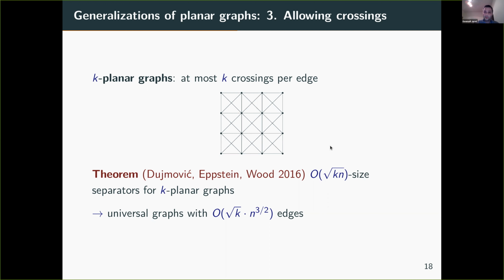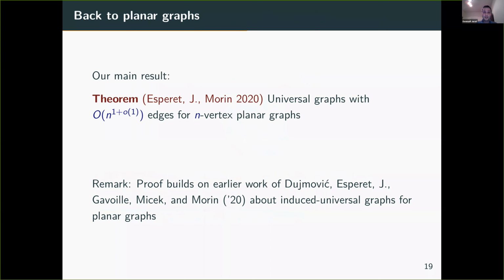So that was known for a long time, but the tight dependence on k was sorted out by Vida Dujmović, David Eppstein, and David Wood in 2016. So it's square root k times square root n. And so you get, again, the same type of bounds on the number of edges in your universal graph. Right, so these are some examples of classes of graphs of interest around planar graphs that also have these sparse universal graphs. Okay, so now let me go back to planar graphs.